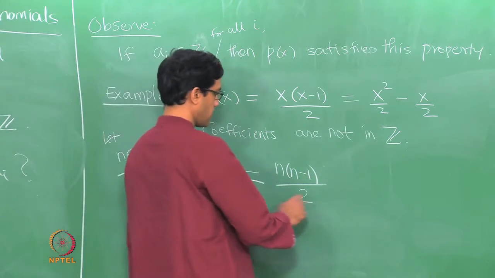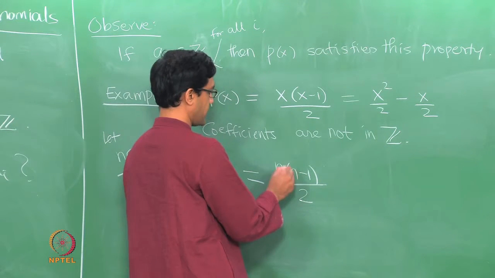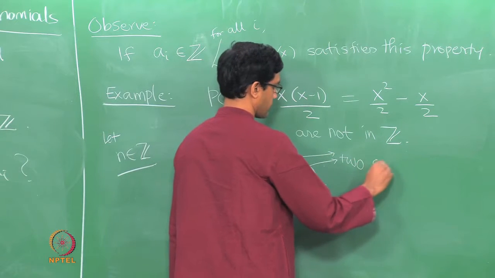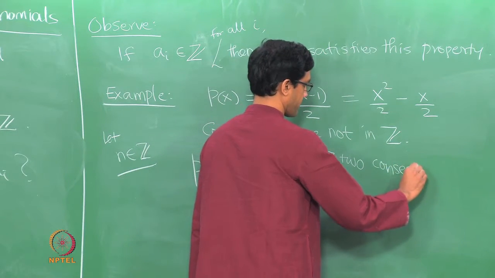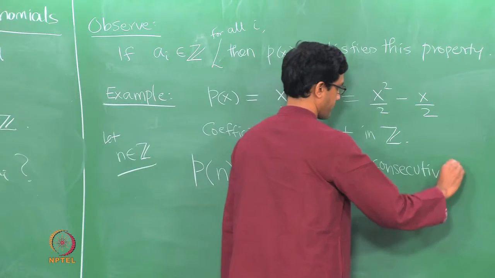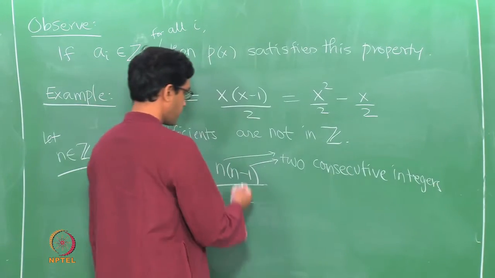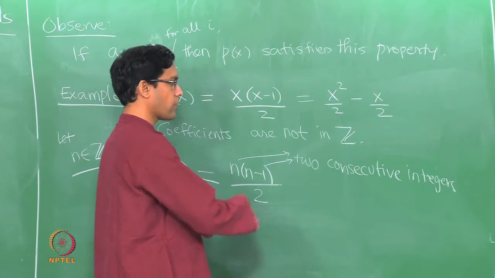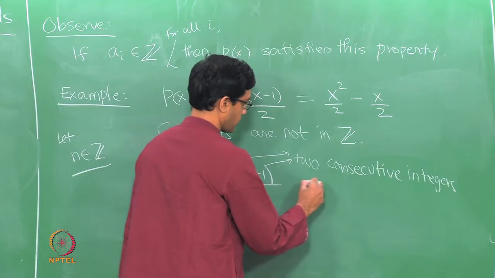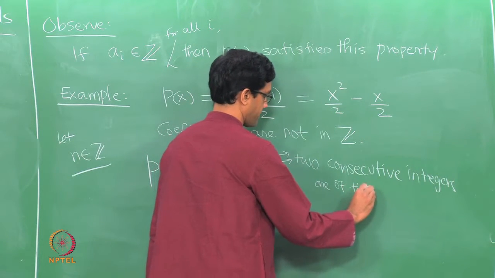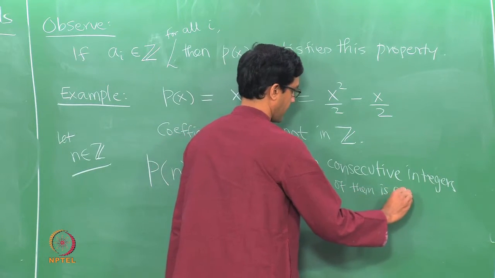Okay. Now, observe that if I have two successive integers, so n and n minus 1 are two consecutive integers, now when I have two consecutive integers, one of them will be odd and the other will be even, right. So which implies one of them is odd, the other is even. So I really only care about the even part.